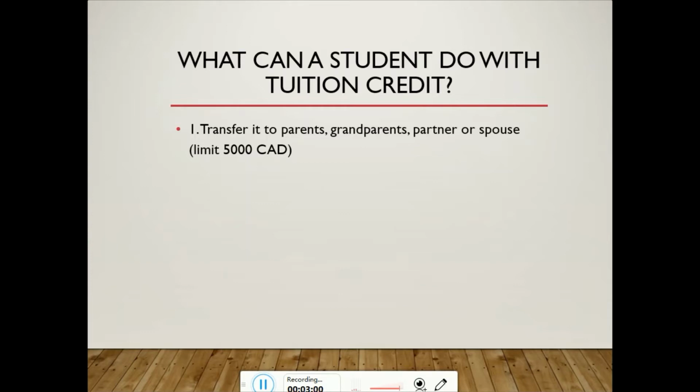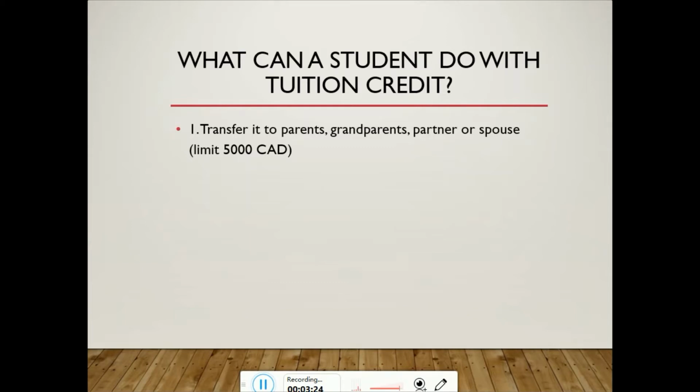But in case they are here, you can transfer this amount to them in order to lower their tax slab. Meaning that if your spouse or parents are earning good income, your tuition credit can help them save some money and get a good refund back. And I'll explain how the tuition credit works in the next few slides.